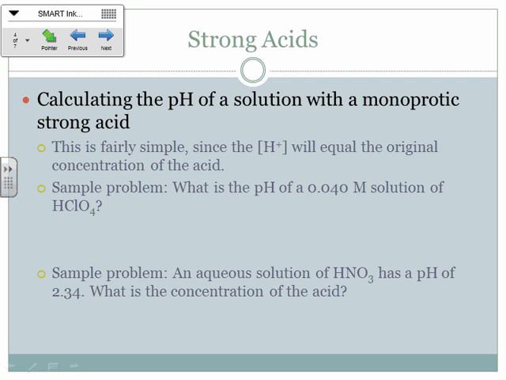So what's going to happen here, the H+ concentration is going to equal the original concentration of the acid, right? Because as we've talked about with things like sodium chloride, if you have a 0.1 molar solution of NaCl, then you can also say that it's 0.1 molar with respect to Na, and it's 0.1 molar with respect to Cl, okay?